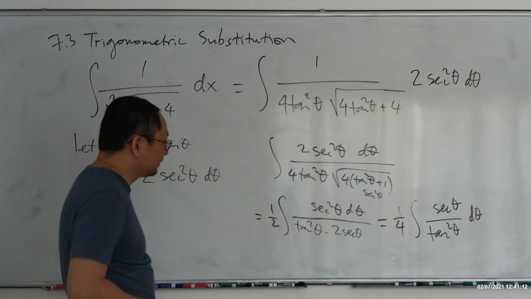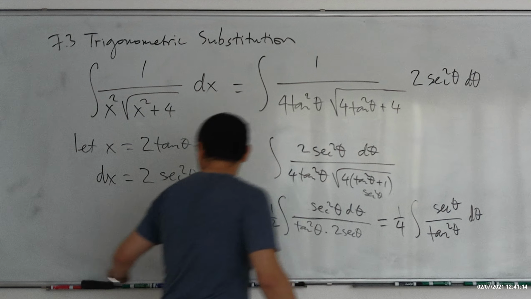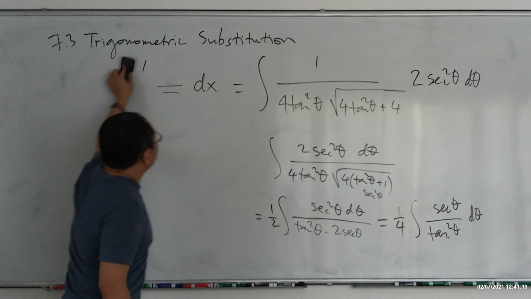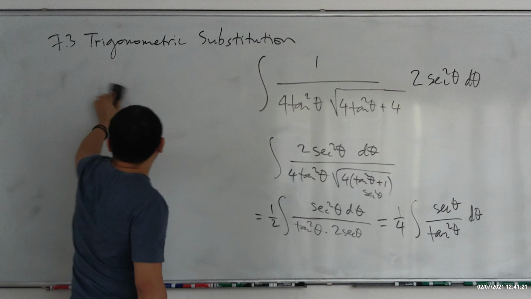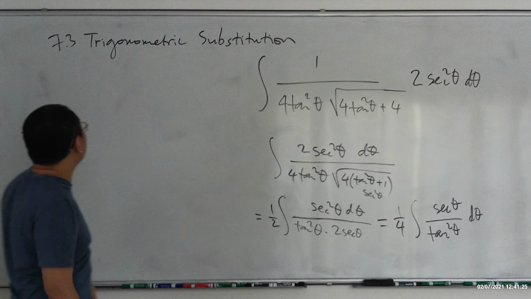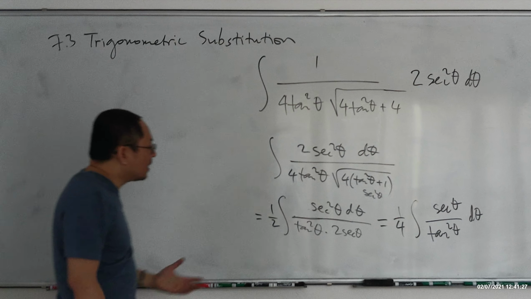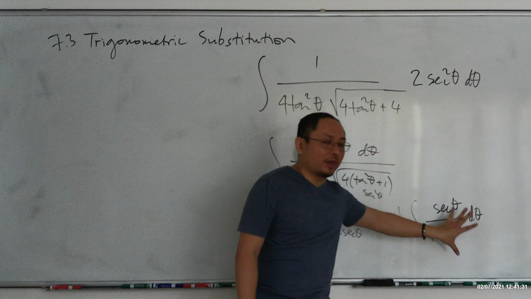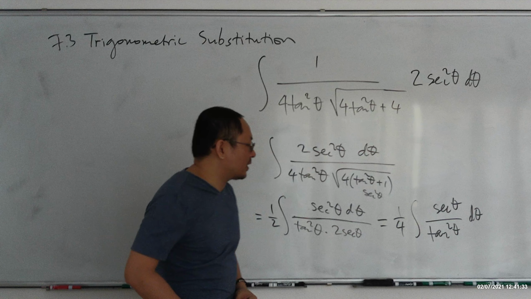Okay? Now, one more technique that you are going to see when you deal with trig functions, besides the couple types that I showed you in the previous section, 7.2. Another way to think of this type is, whenever you see a trig function, you can think of converting everything back to sine and cosine.